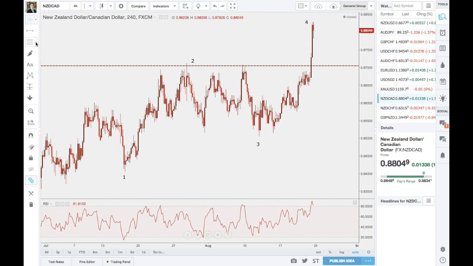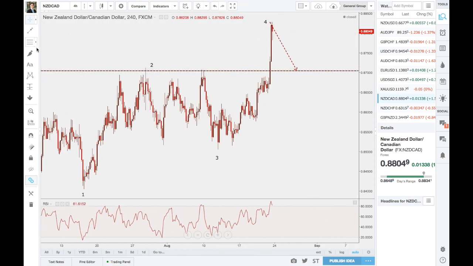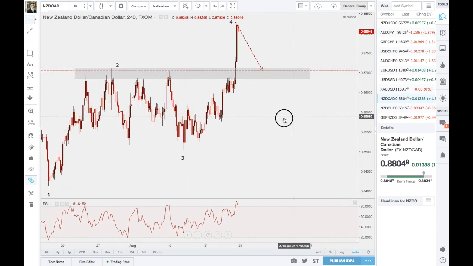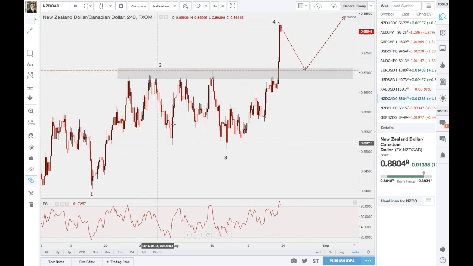So we expect price to come down, have a very strong reaction at the previous structure over here, and then continue up in its predominant trend, the uptrend.